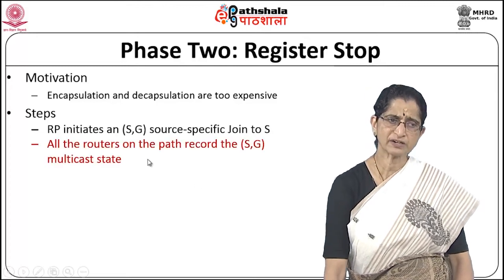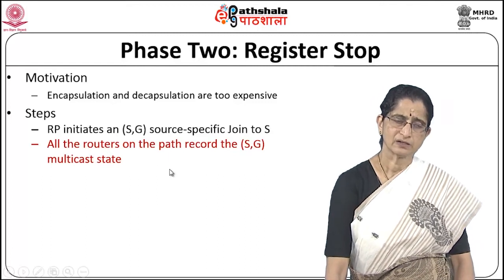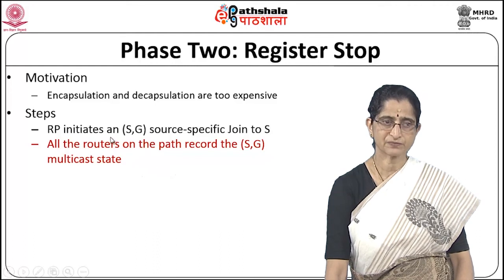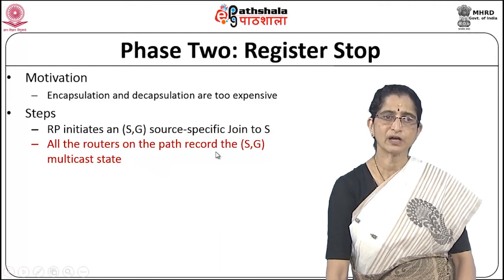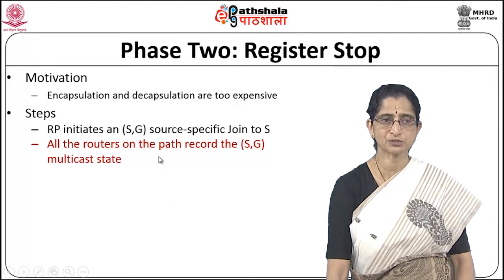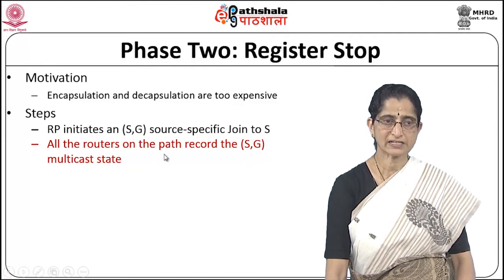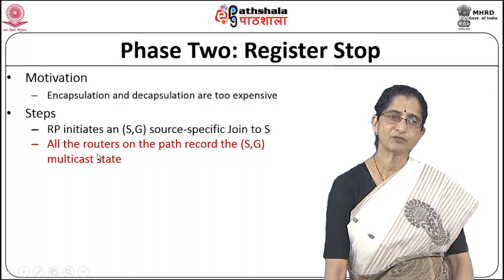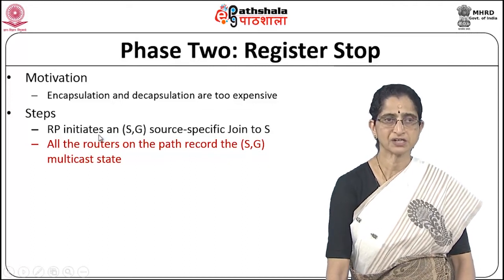Okay. So what is the advantage of doing this? The basic advantage is that all the routers on the path, that is from the RP to S, will now record the S comma G multicast state. That is, they are now in a position to forward multicast packets which are meant for G, coming from S, towards the RP.